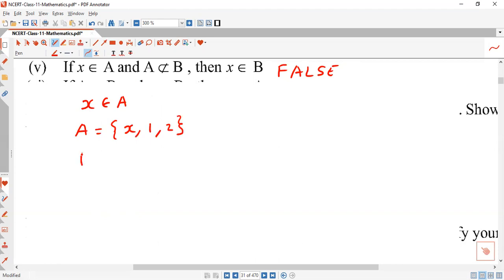Now we take A is not a subset of B, so we take some values. We say here 1, 4, 5. So A is not a subset of B. Now does X belong to B? Here X does not belong to B. So that's why we say that this is a false statement.